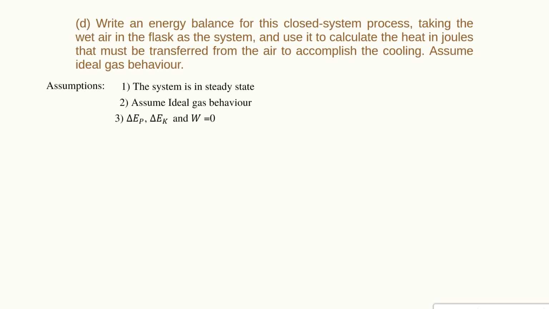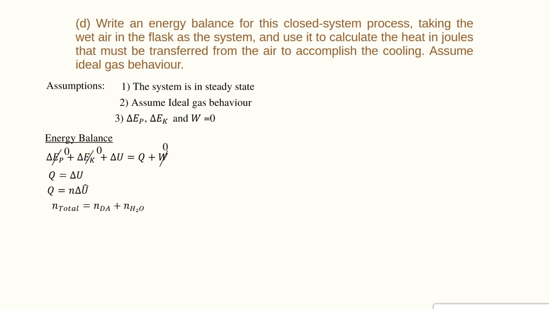After that, we write the energy balance equation, which is delta EP plus delta EK plus delta U equal to Q plus W. Since delta EP, delta EK, and W equal 0, we cancel them. The equation becomes Q equal to delta U, and Q equal to N delta U hat.